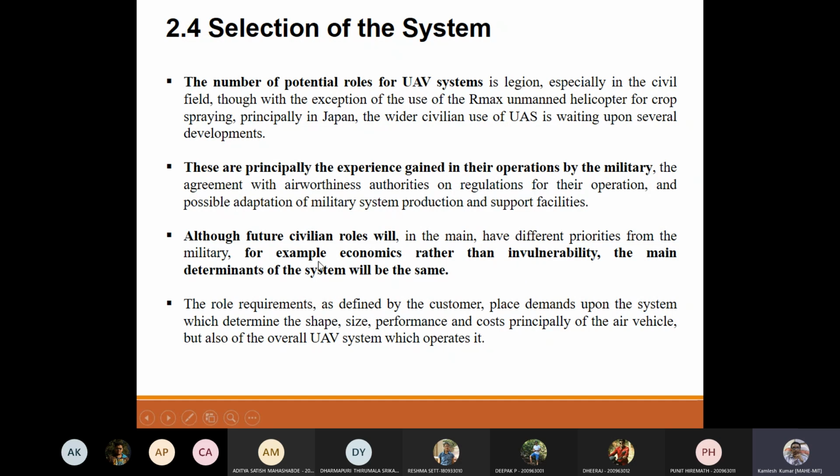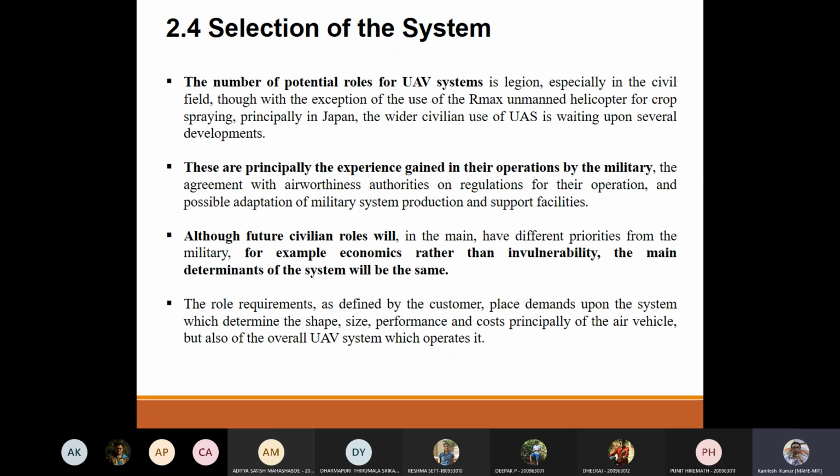Normally if you talk about civilian and military applications, the main system will be the same, but on the civil application side we see the economics. Normally we see that cost is important. Military operations never talk about cost; they want good features. So maybe we are talking about something manageable.